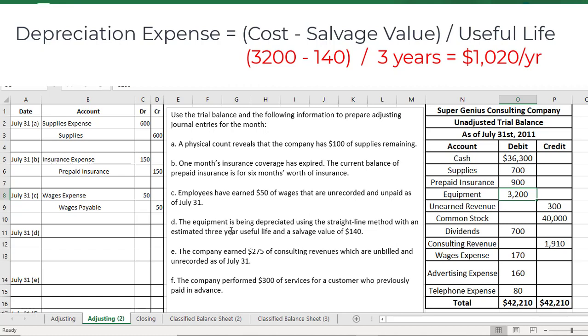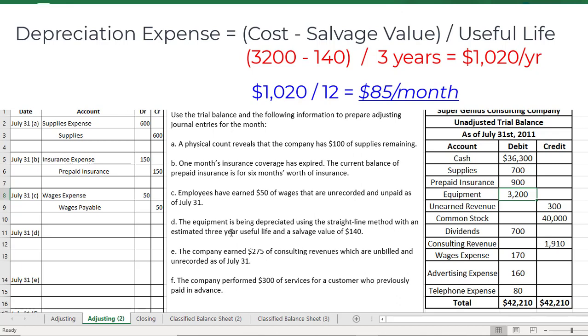But remember, we're doing adjusting entries for just the month of July, so we need the monthly amount of depreciation. So if you take the yearly amount of $1,020 and divide by 12, that will get us $85 of depreciation per month. So our entry for depreciation is going to be depreciation expense for $85.